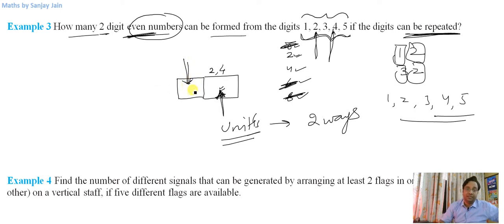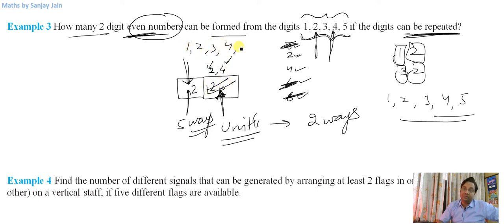What I am trying to say is this place can be filled in 5 ways because the repetition is allowed. So if you have filled 2 here, you are allowed to put 2 here. Repetition is allowed. So if you have utilized any of these 2 digits here, you will still have 1, 2, 3, 4, 5, these 5 options to fill this place with.